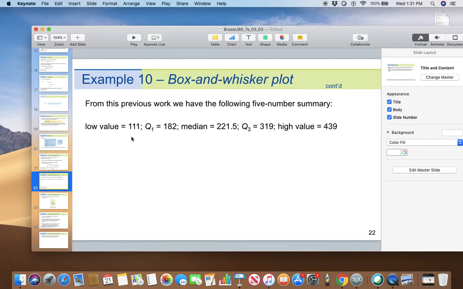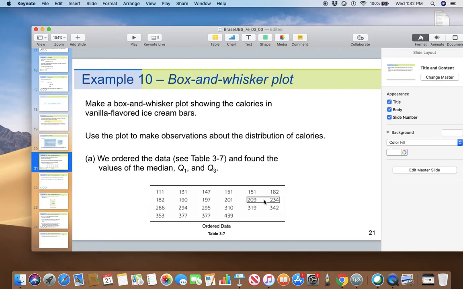So the low value is this, the median is here. Once you remove the median, you have 11 values here. You need to find its median, 11 values. So 5 to the left, 5 to the right, that is the median of the first half.